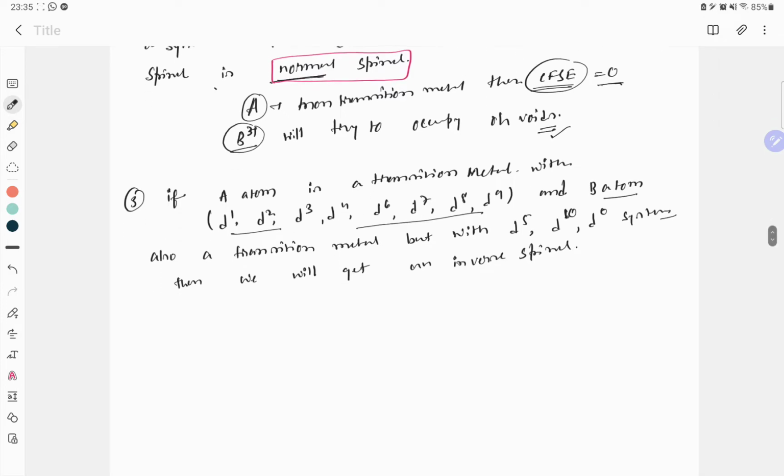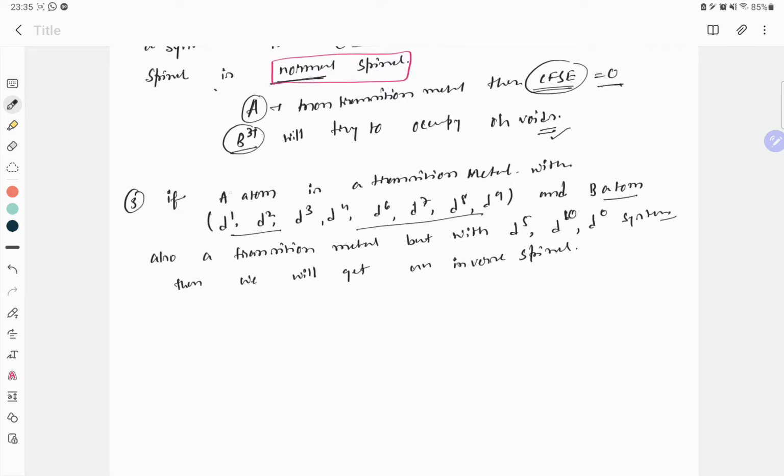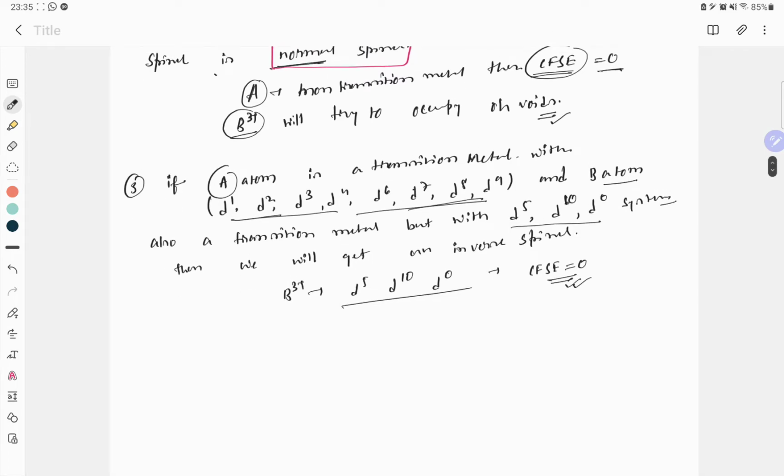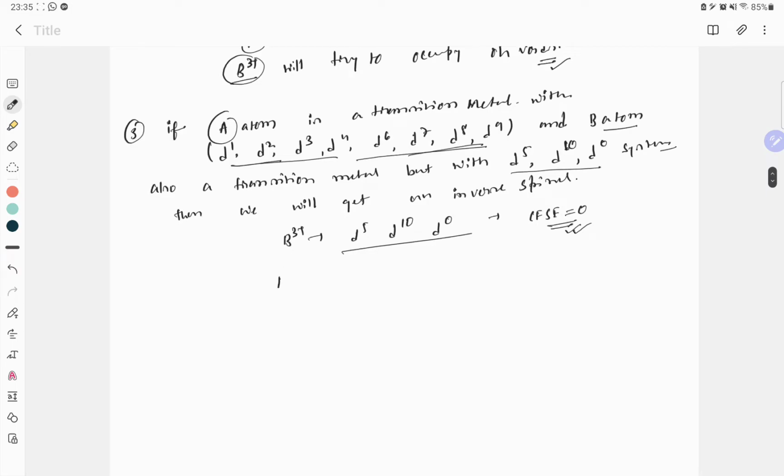So how is it so? The A atom has these systems, and the B atom, meaning B3+, is d5, d10 or d0. In these 3 cases the CFSE will be 0. But here A2+ has these systems, and in each case we have some negative value.